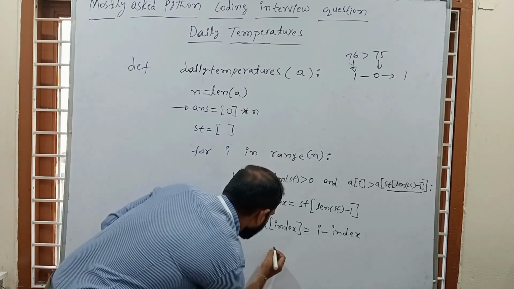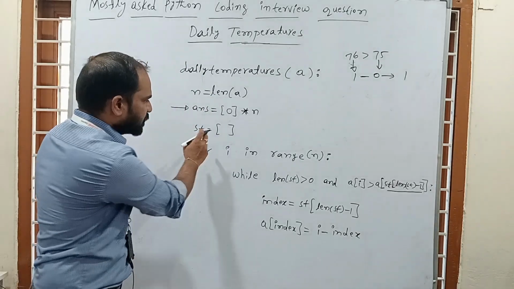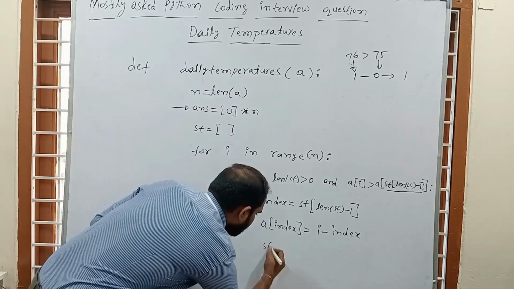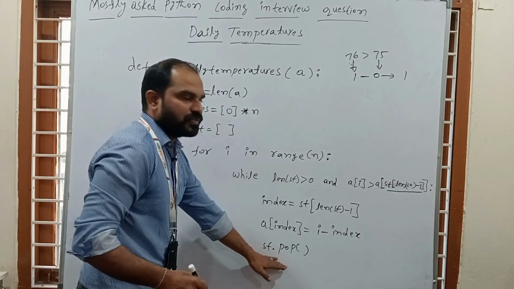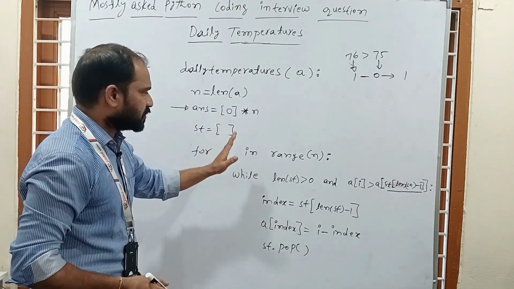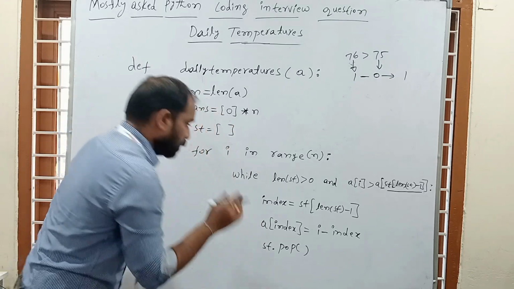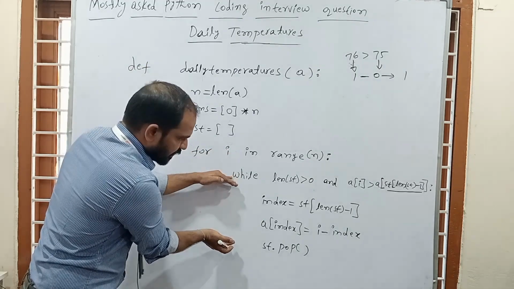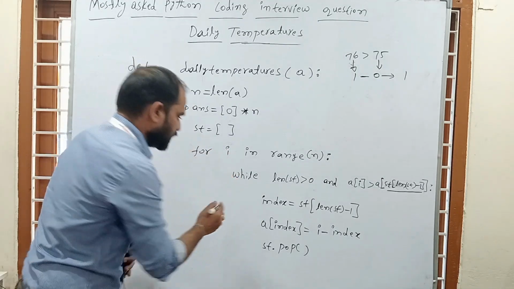And then after this you need to pop that particular index number from the st, and with the method pop we can do that. So the pop method will delete the last item from the list. Okay, before doing all these things, we need to append that index number into the st, right?